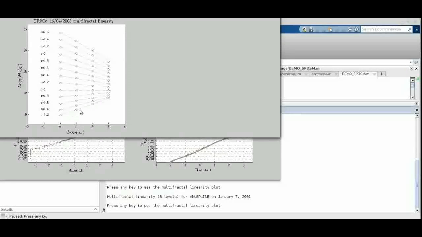If this plot is linear, then we have a sense of multifractality of this information. And we can test this assumption for all the moments.